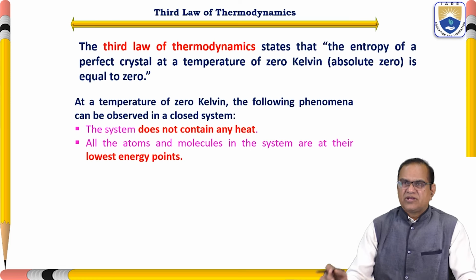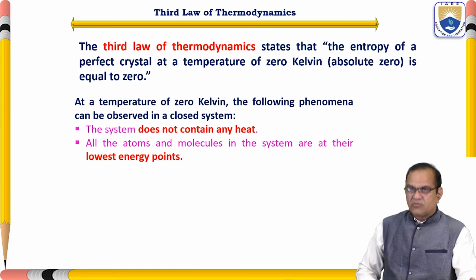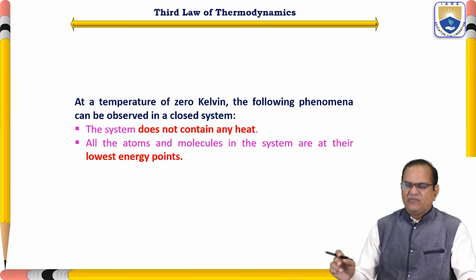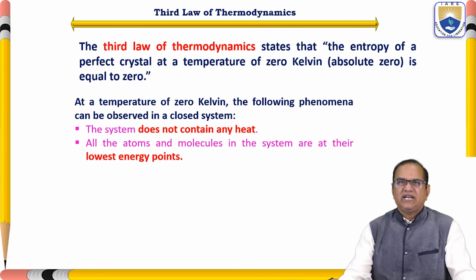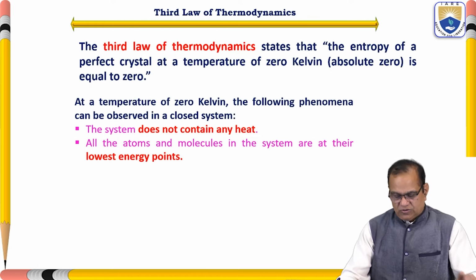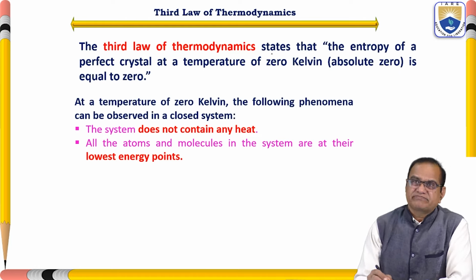Now we will see the third law of thermodynamics, which we have already seen. So what is that? The third law of thermodynamics states that the entropy of a perfect crystal at a temperature of 0 Kelvin, that is absolute zero, is equal to 0.